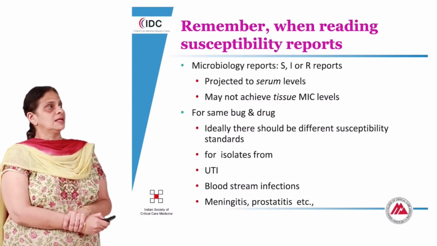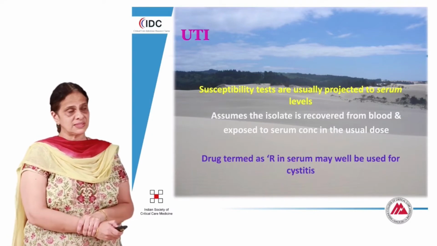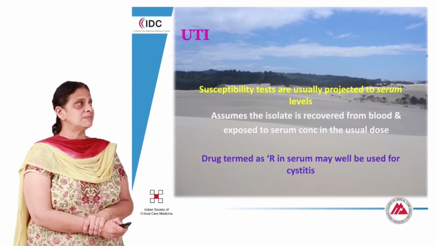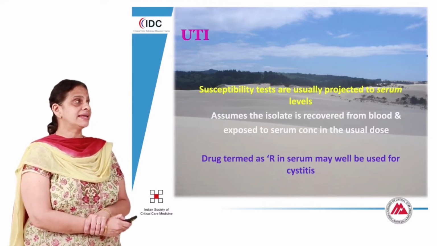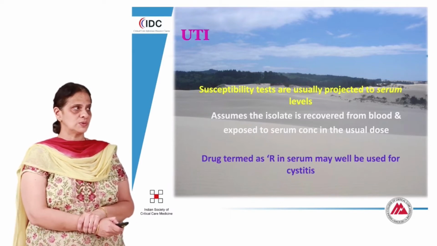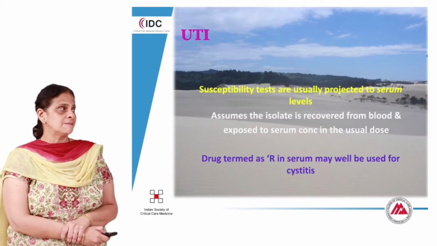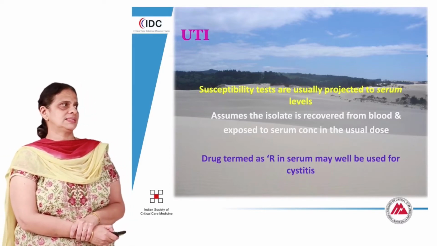So again, because this is important that you remember this, susceptibility tests today are usually projected to serum levels. It assumes that the isolate has been recovered from the blood and exposed to serum concentrations at the usual dose. And if the drug concentrates in the urine or in the bladder, drugs termed resistant in the serum may well be used for cystitis.